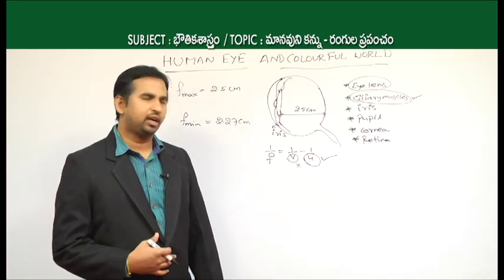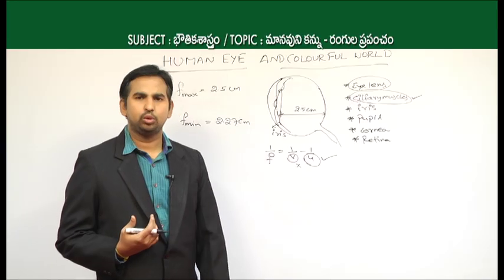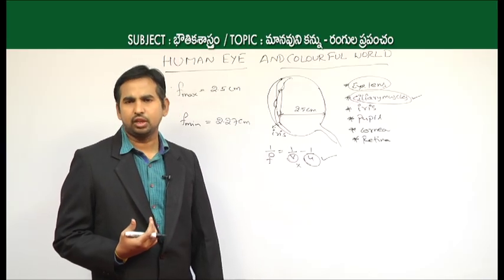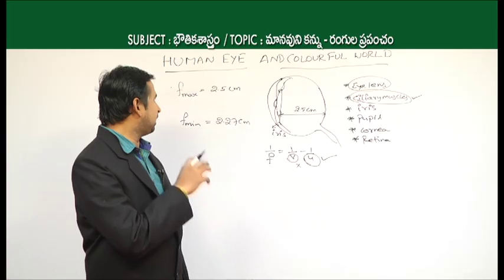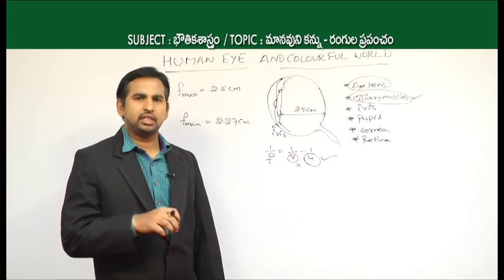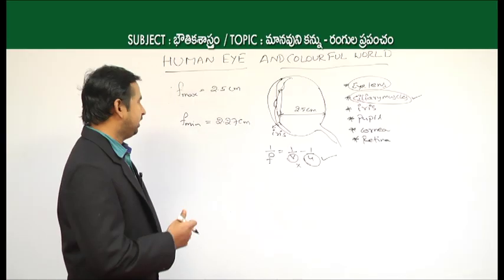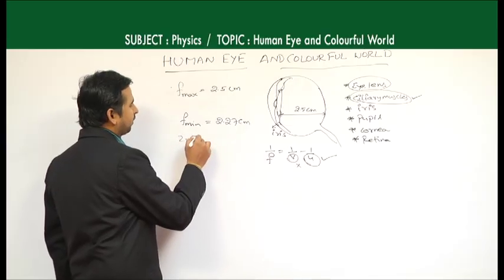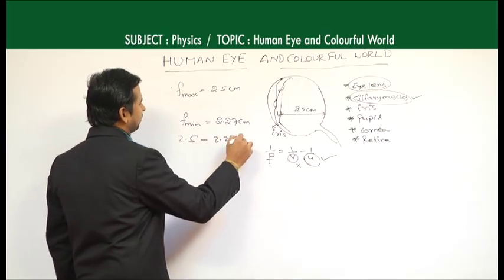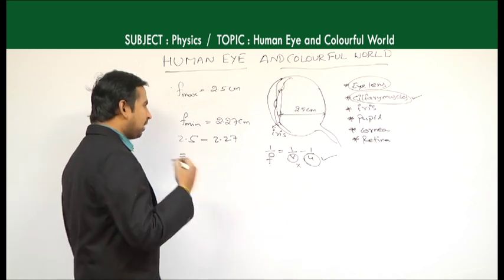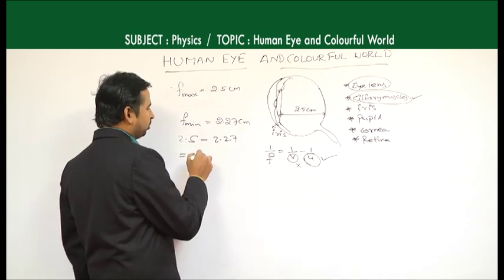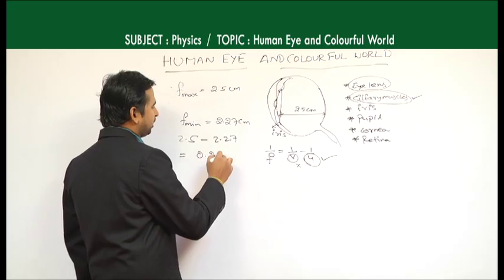That length to be maintained is nothing but 2.27 centimeters. Okay. So, which means that the range in which the ciliary muscles can adjust the focal length of the eye lens is between 2.5 and 2.27 centimeters, which means our eye lens is flexible by around 0.23 centimeters.